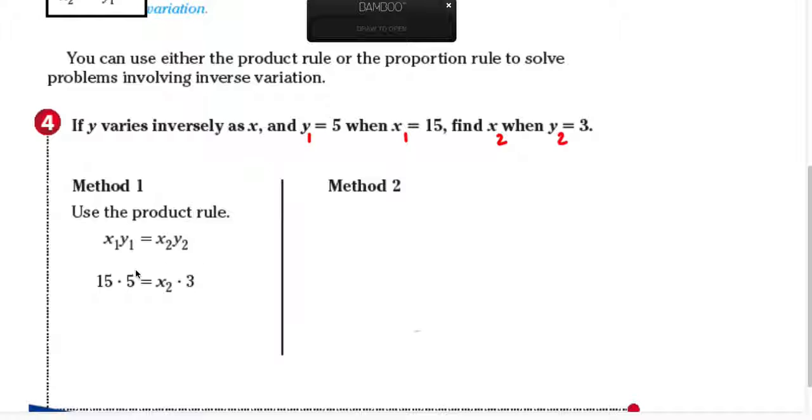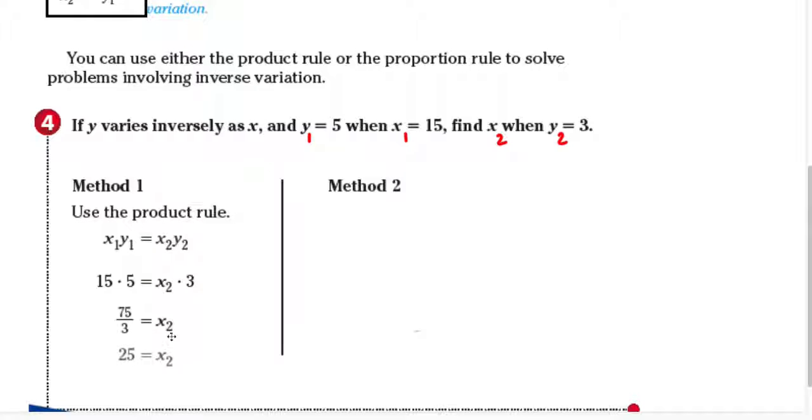So x sub 1 y sub 1, which is 15 times 5, is equal to x sub 2, which we're trying to find, multiplied by 3, which is y sub 2. Simplifying 15 times 5 and dividing both sides by 3, we end up with 75 over 3. So x sub 2 will be equal to 25.